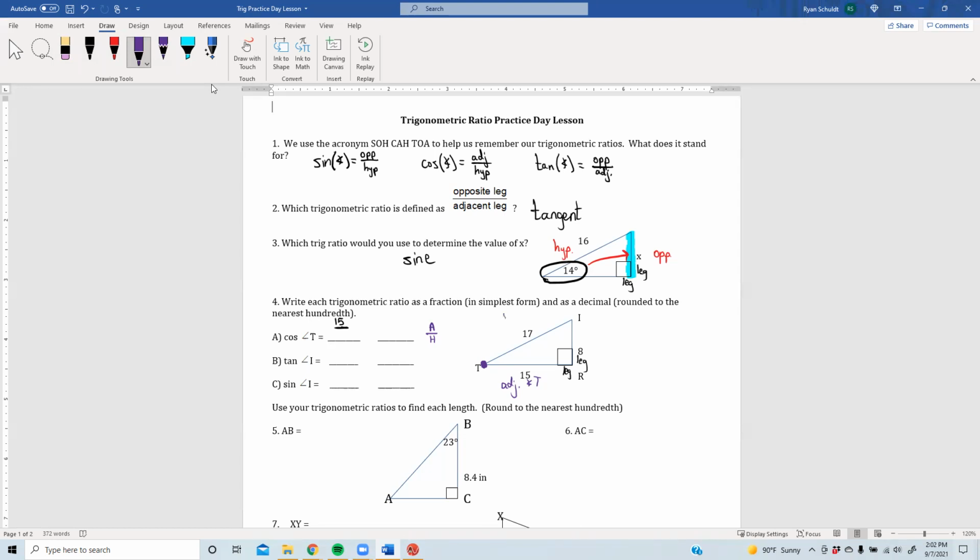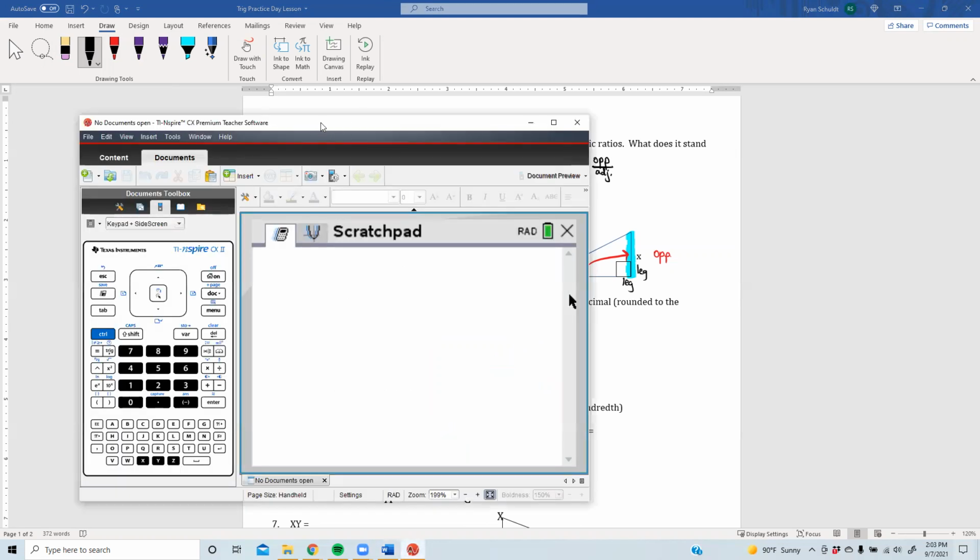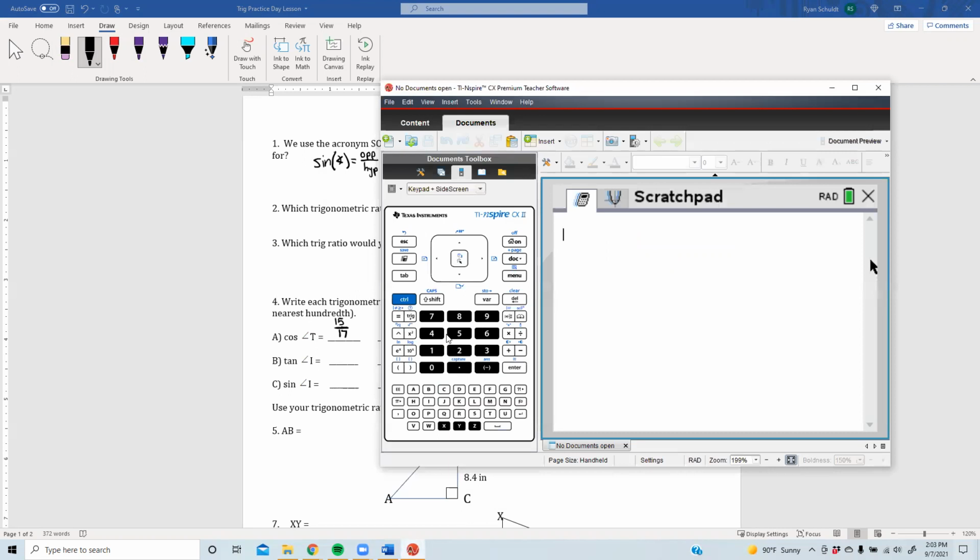The one across from the right angle. So that would be the 17. 15 over 17. So then I'll take that and put it in my calculator. 15 divided by 17. I get 0.88.